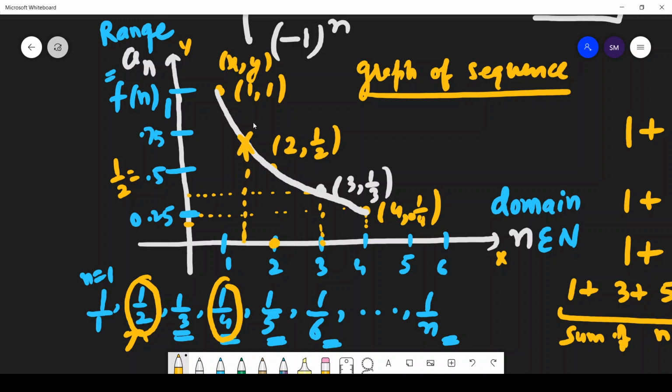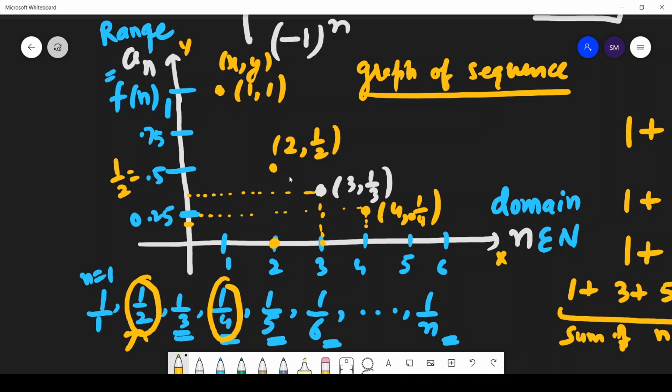So this is n equals 1.5. Does this belong to this sequence? No, sir, because n can only be a natural number. So now shall we join these points or not? No, sir. We are not going to join them.